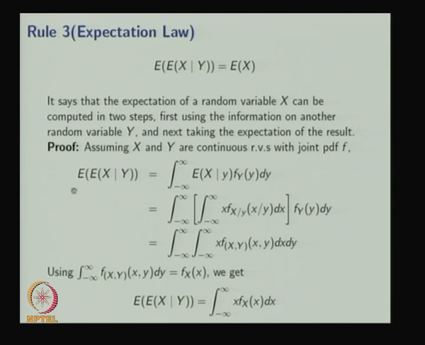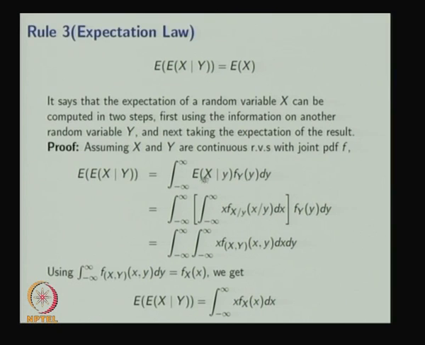So, the conditional expectation is a random variable and you are finding the expectation of that, therefore you multiply by the probability density function of the random variable y, because the expectation of x given y is a function of y. Integrate with respect to y between the limits minus infinity to infinity.